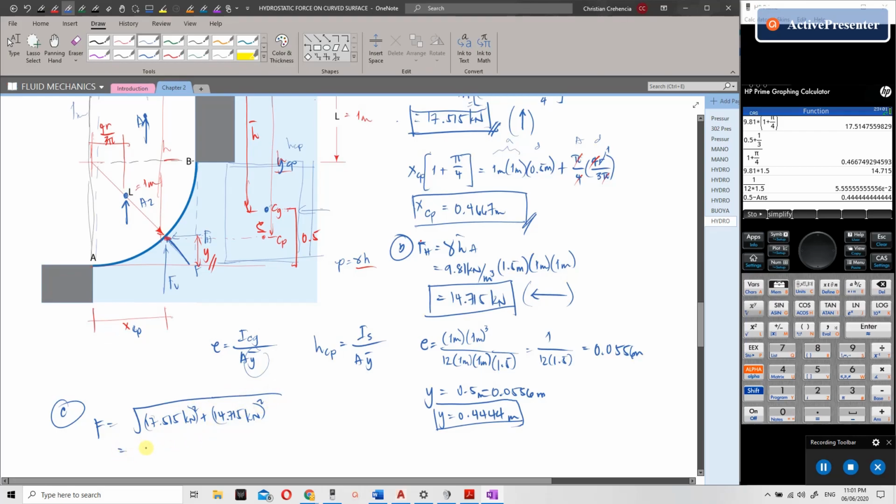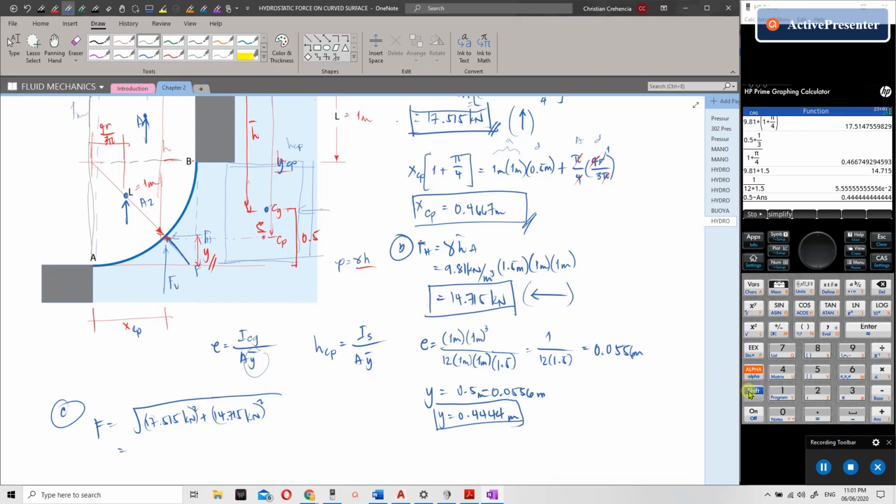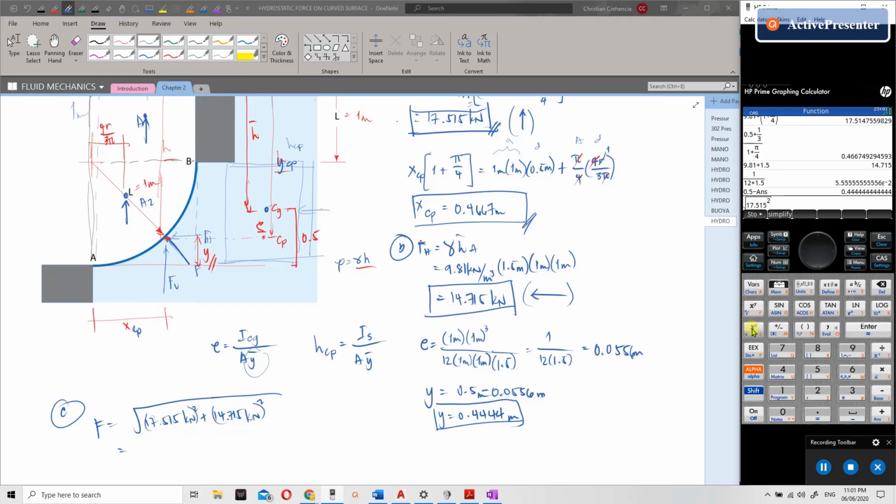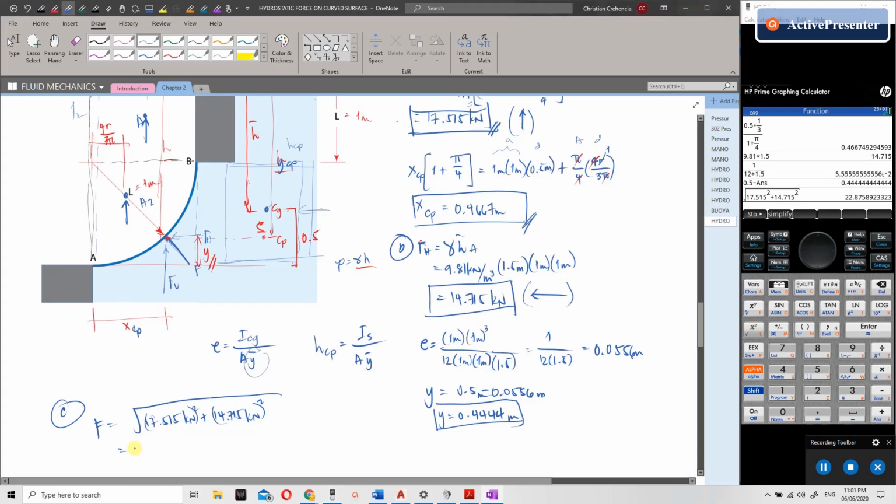Okay, and we will get square root of 17.515 squared plus 14.715 squared. Okay, so 22.876 kilonewton. So that is the total hydrostatic force.